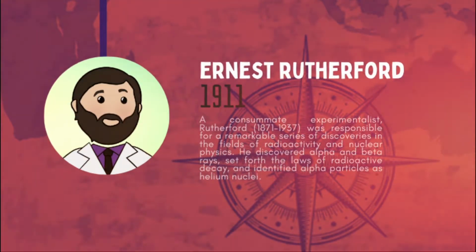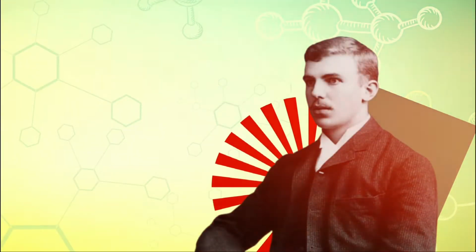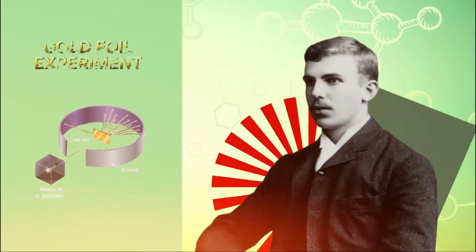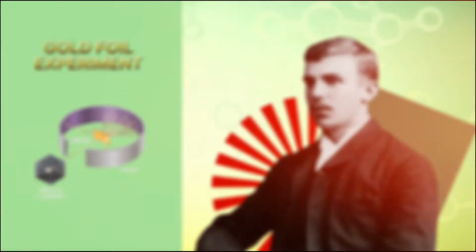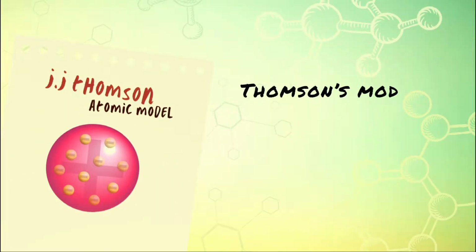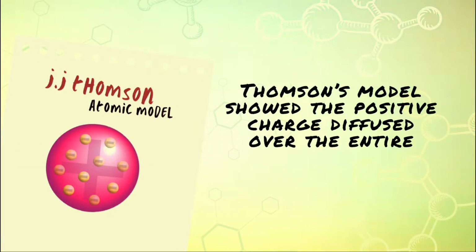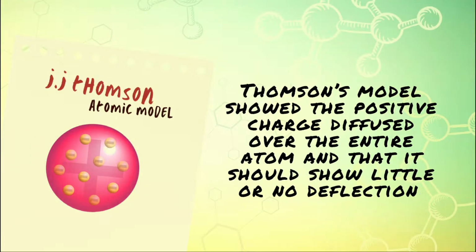Ernest Rutherford, 1911. Rutherford devised an experiment to explain the atomic structure by firing positively charged alpha particles at a thin sheet of gold foil. Thomson's model showed the positive charge diffused over the entire atom, so it should show little or no deflection.